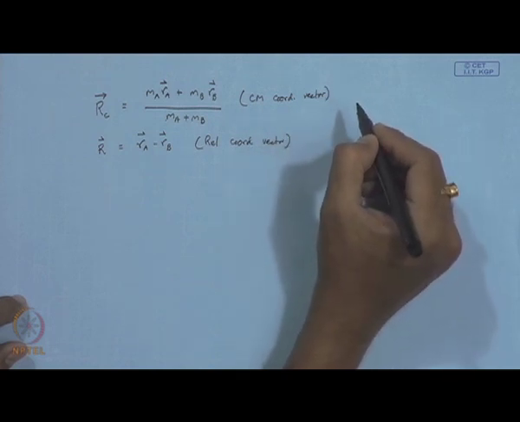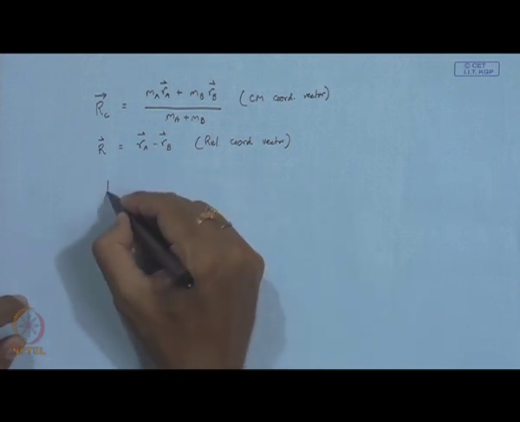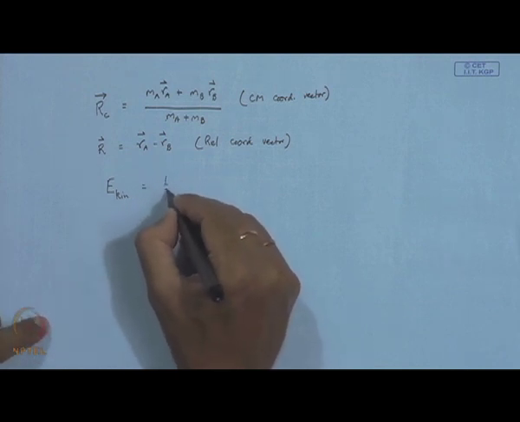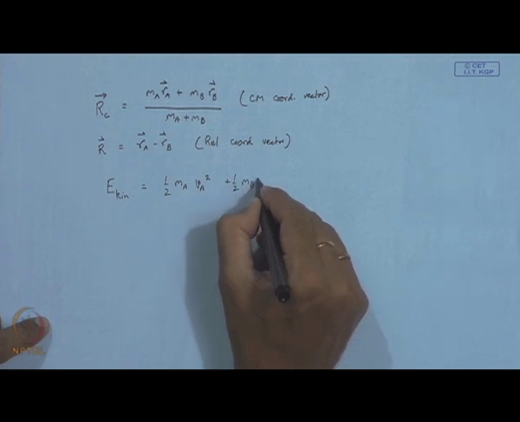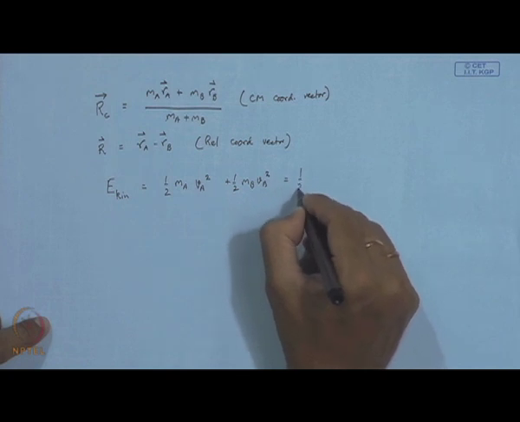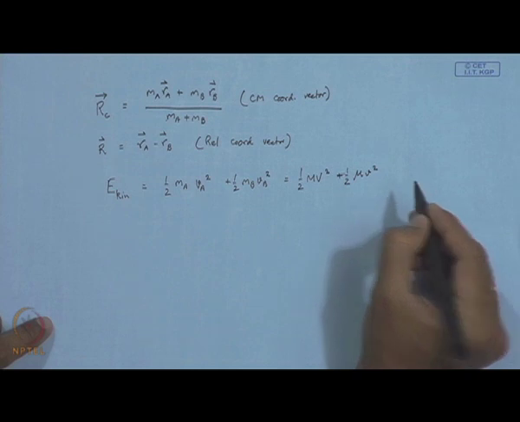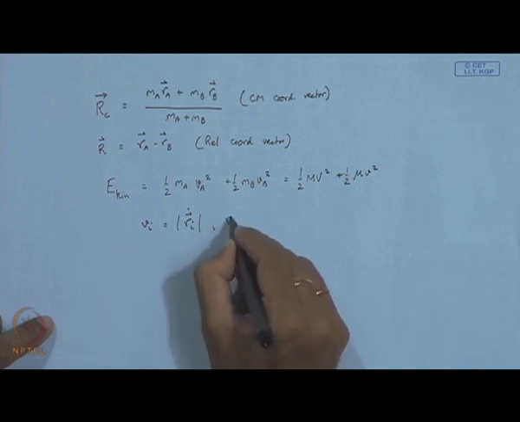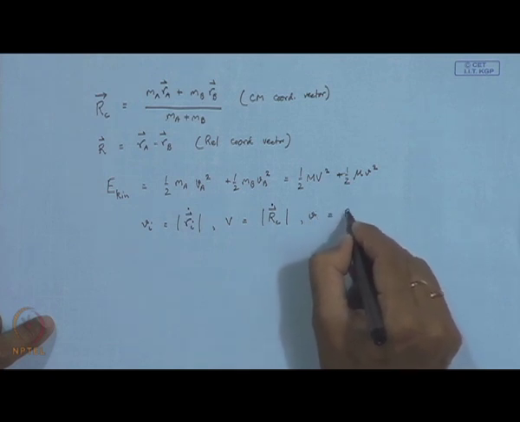And from vector principles it can be easily shown that the kinetic energy of the system can be written like this: half m_A v_A squared plus half m_B v_B squared is equal to half M V squared plus half mu v squared, where v_i is equal to r_i vector dot, V is equal to R_C vector dot, and v is equal to r vector dot.